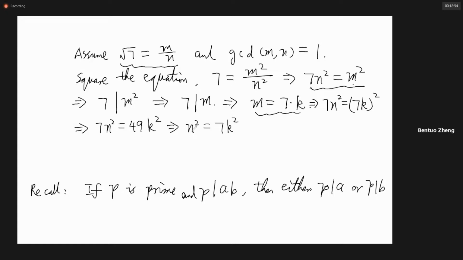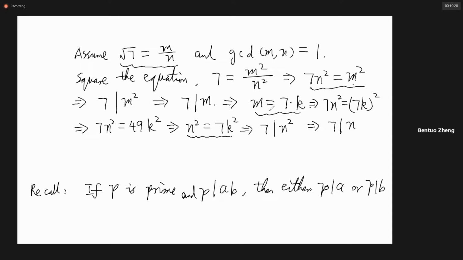Now we are in a similar situation as above, because this time we get n squared is equal to 7k squared, which means n squared is a multiple of 7. That means 7 divides n squared. Again, we use the lemma we just mentioned. This implies 7 divides n.